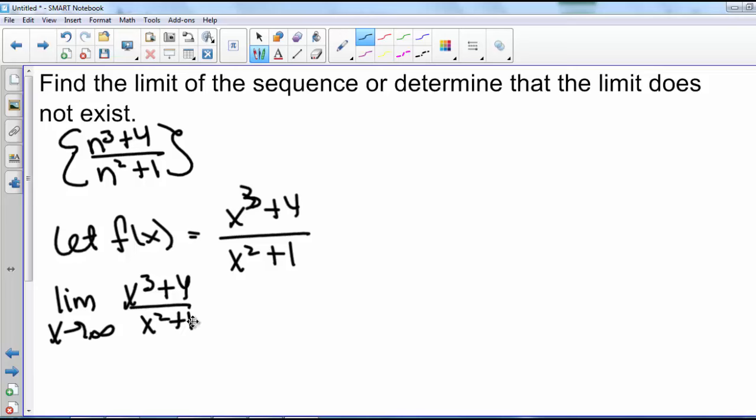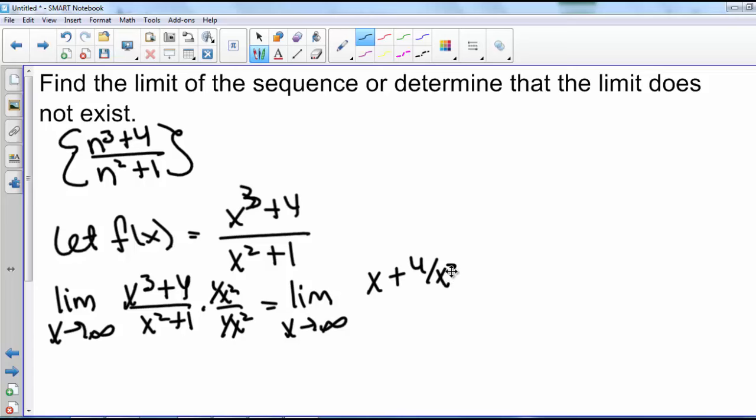So our trick is to look at the highest power in the denominator, which is x squared. So we're going to multiply the top and the bottom by 1 over x squared. So then we get the limit as x goes to infinity of x plus 4 over x squared over 1 plus 1 over x squared.